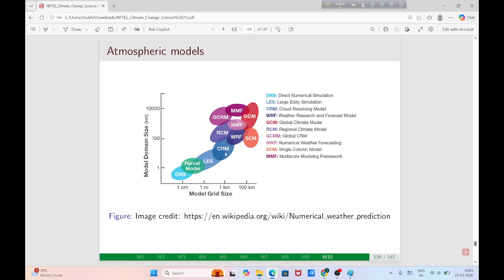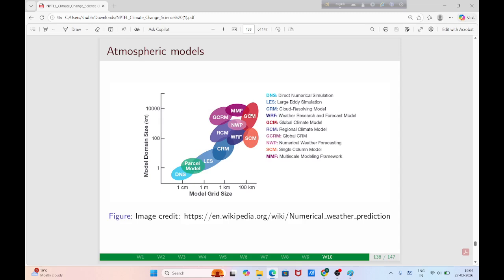And CRM, cloud resolving model, is centered about 1 kilometer in size, because they assume that the cloud size is 1 kilometer, and within 1 kilometer, or I'd say less than 1 kilometer resolution, no special thing happens, and they can parameterize that. And then there comes the WRF type of model, weather research and forecasting, which has even lower resolution or a coarser grid size, 10 kilometers or so.